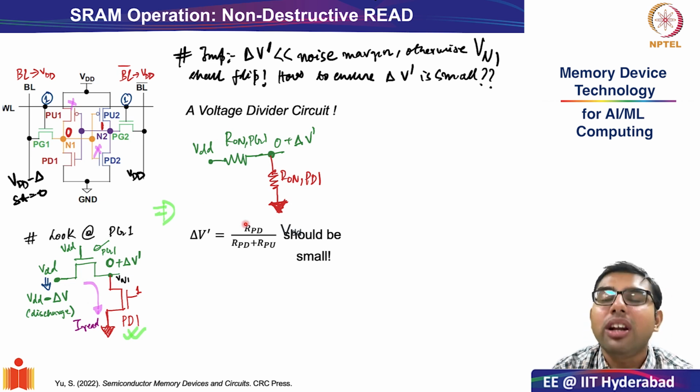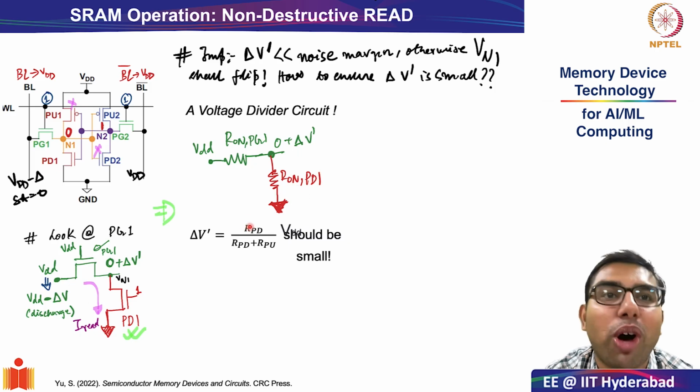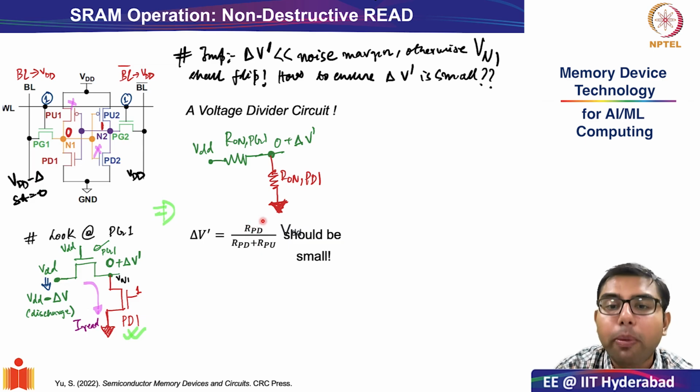You can analyze this in two ways. Either you look at the formula and say that the resistance of the pull down transistor should be much smaller. That means the strength should be much larger. So resistance of the pull down transistor should be much smaller than the pass gate transistor. Then only the delta V dash will be small, right?